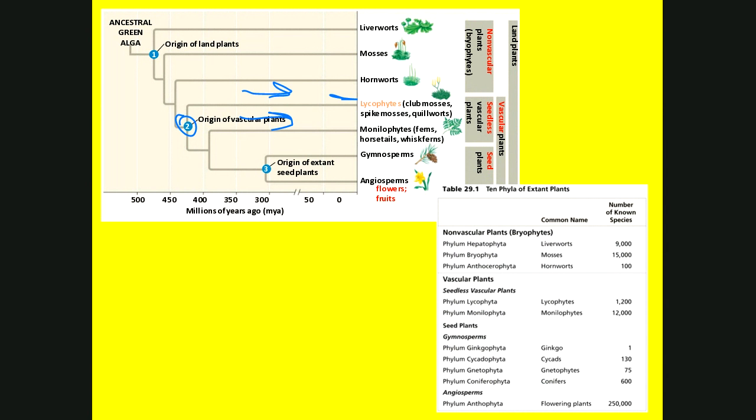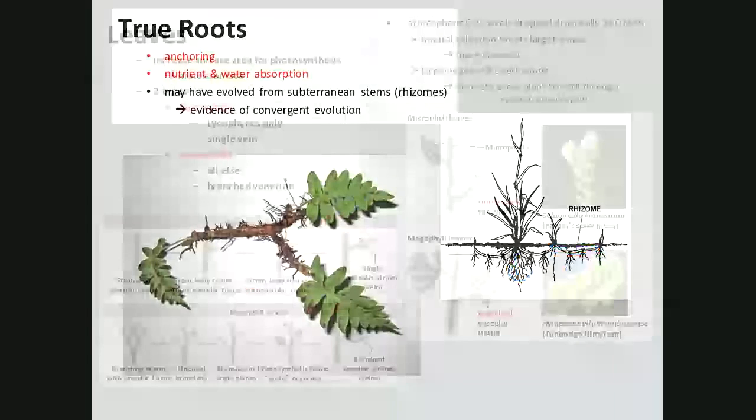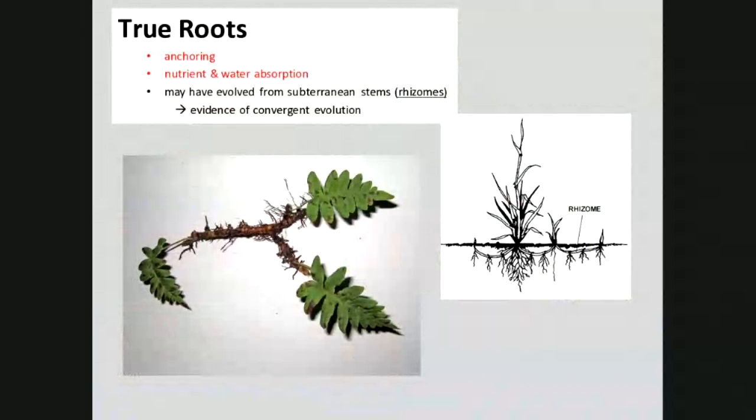So convergent evolution, right? Okay. And there's a fern plant, and you can see there's the rhizome part, and then these are the roots. So don't confuse rhizome with rhizoid. A rhizoid is one of the little anchoring things that can't absorb anything. The rhizomes are those horizontal runners. Rhizomes are runners.